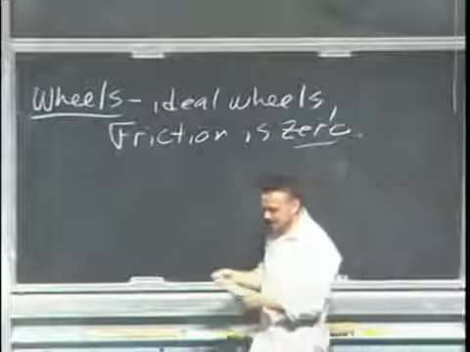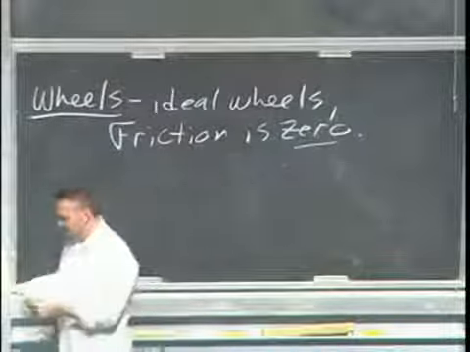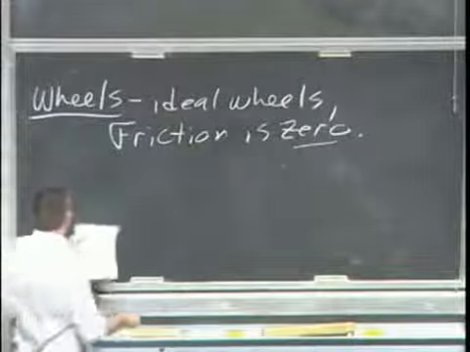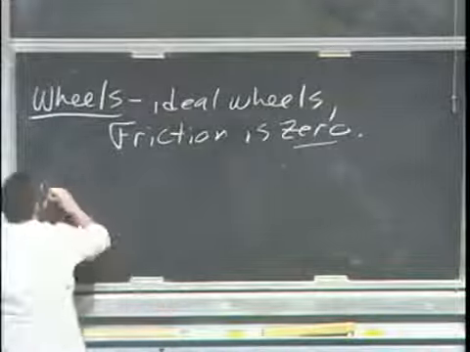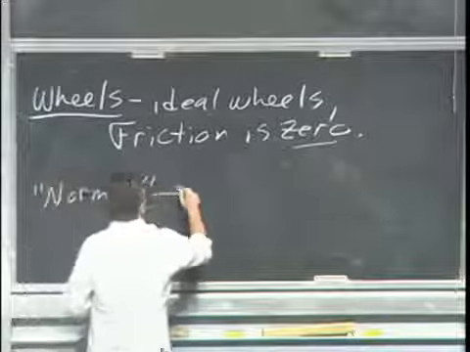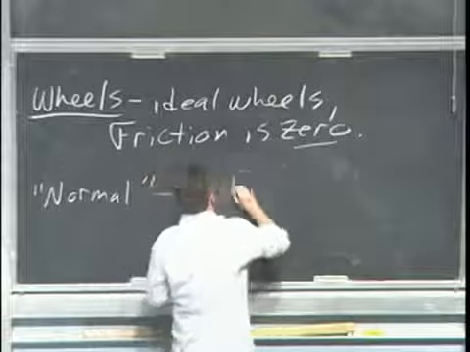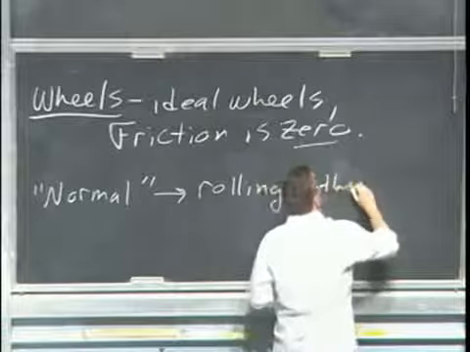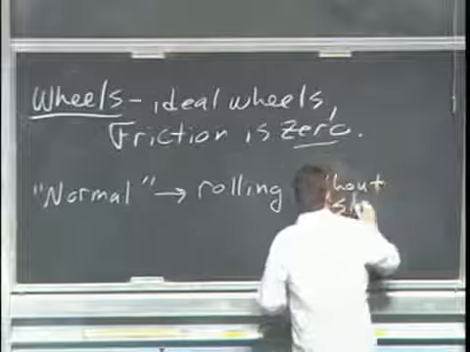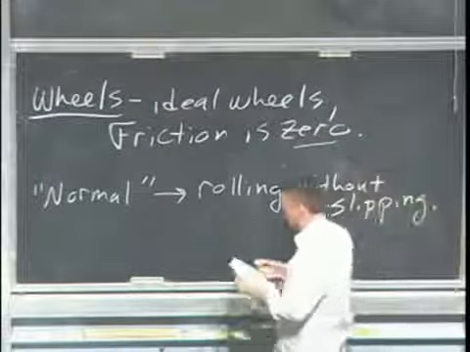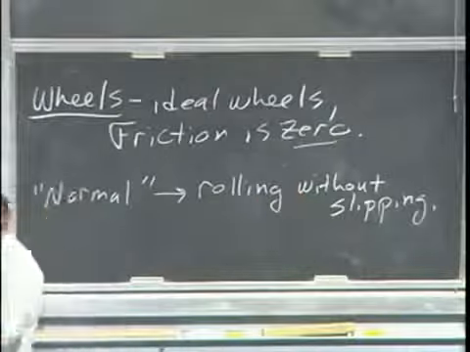That is why objects roll much further than they will slide. So in a normal motion for a wheel, the wheel is rolling without slipping. Let's talk about that a little bit.